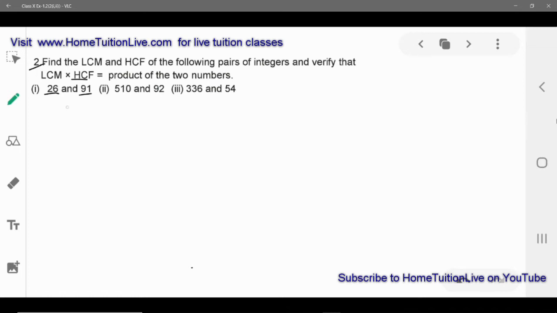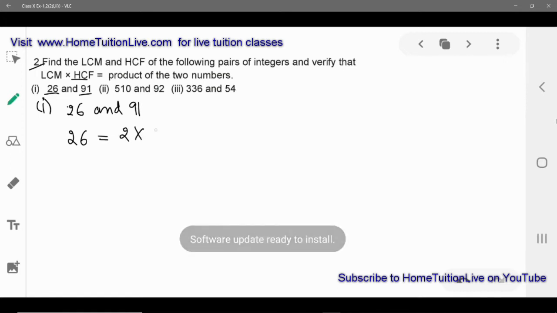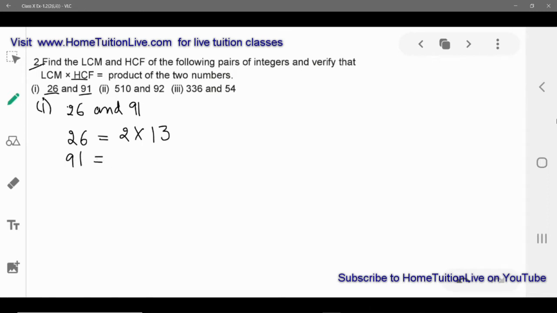Now first we will factorize these numbers. The numbers are 26 and 91. The factors of 26 are 2 and 13. Factors of 91 are 7 into 13.